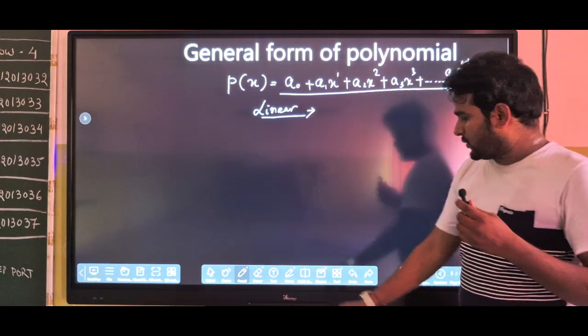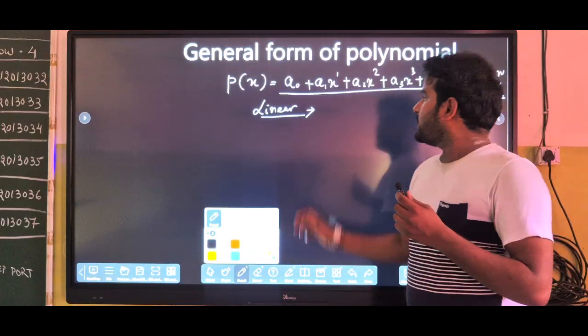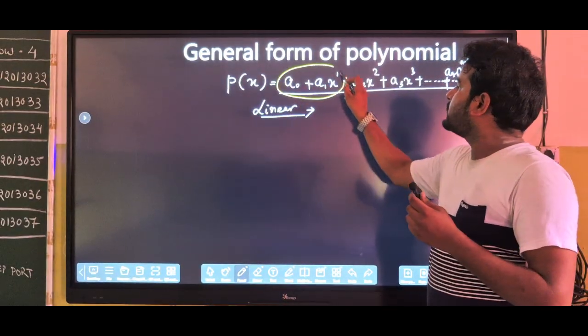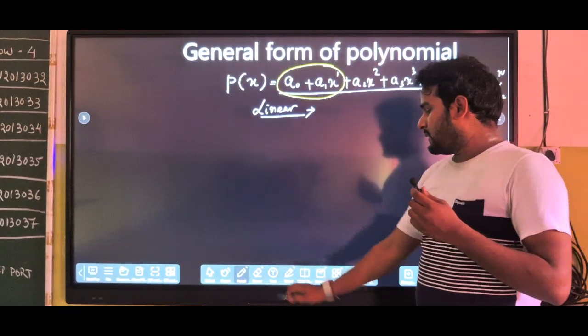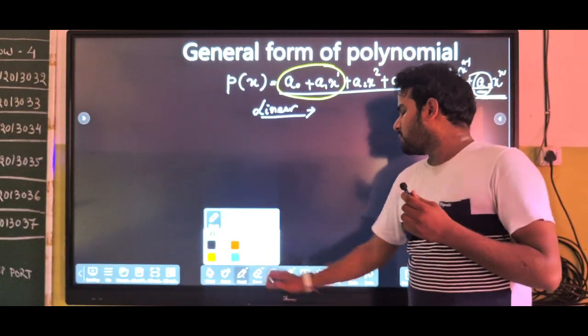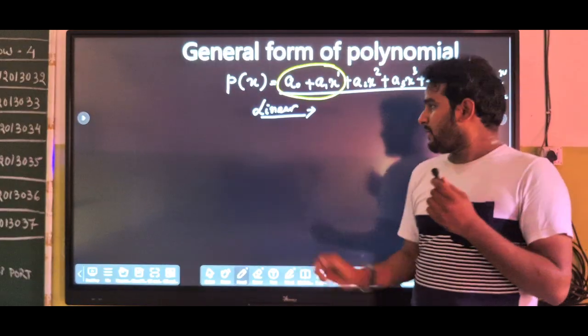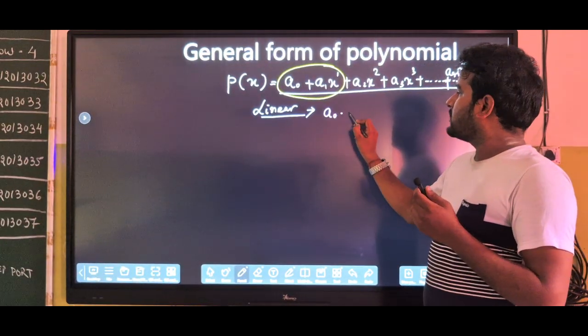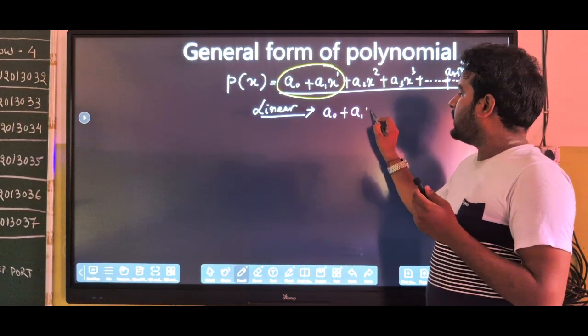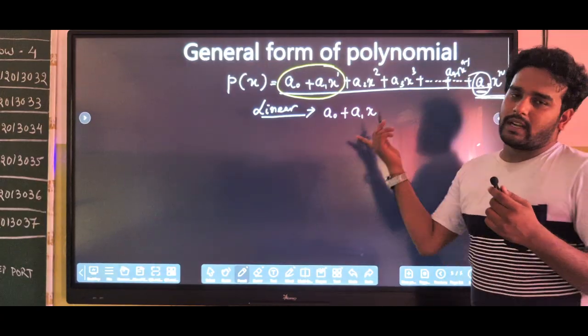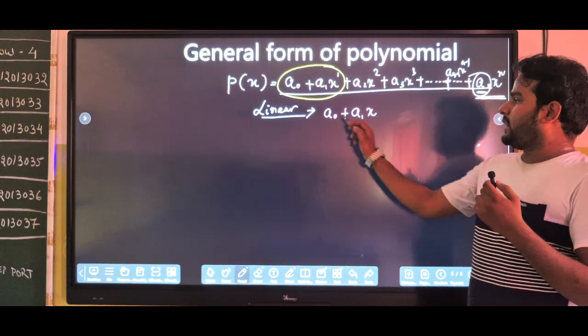Linear means I will go up to exponent 1, because for linear the highest should be 1. So a naught plus a1x. X to the power 1 I am not writing, both are the same thing.